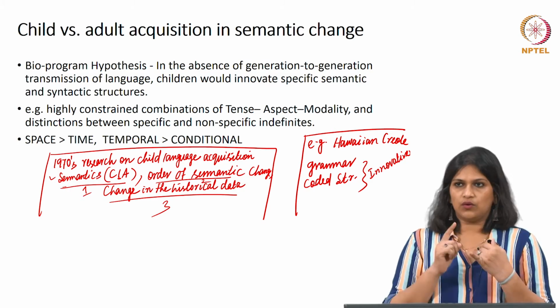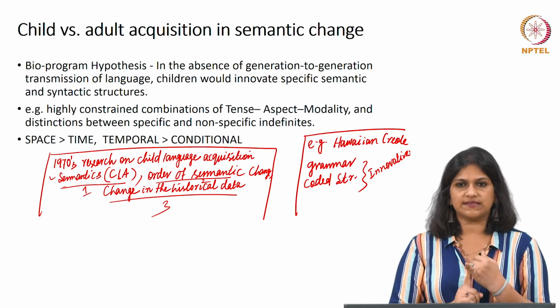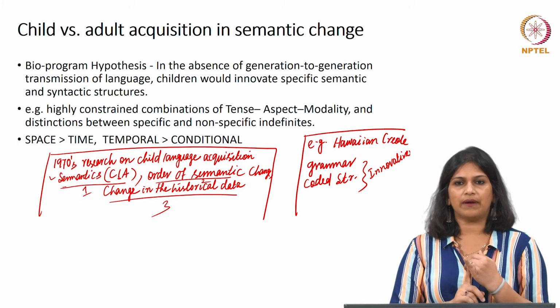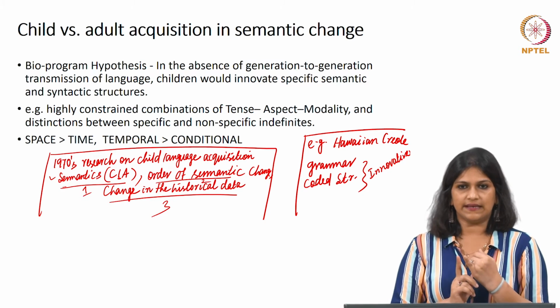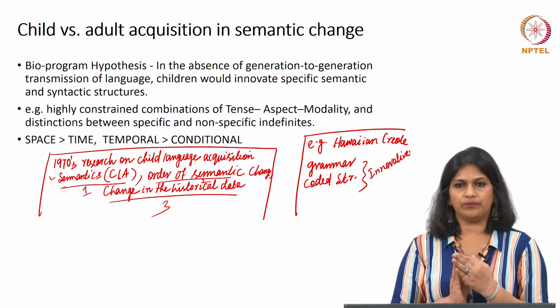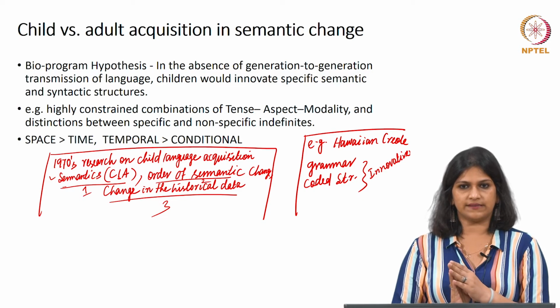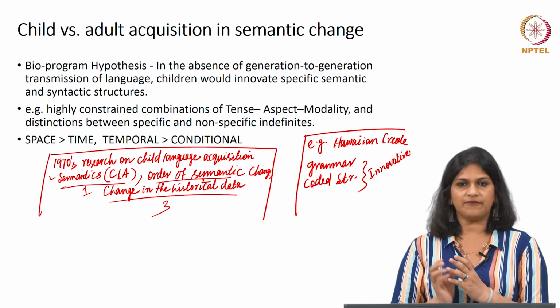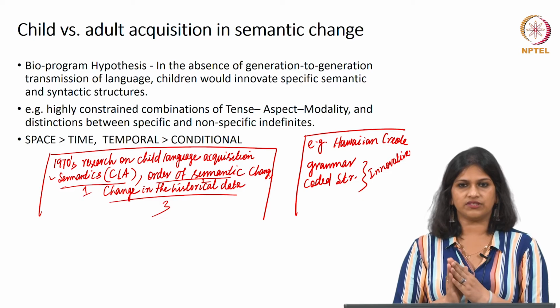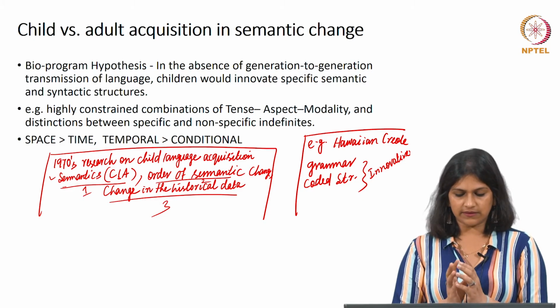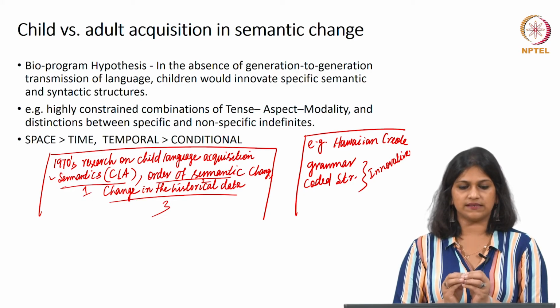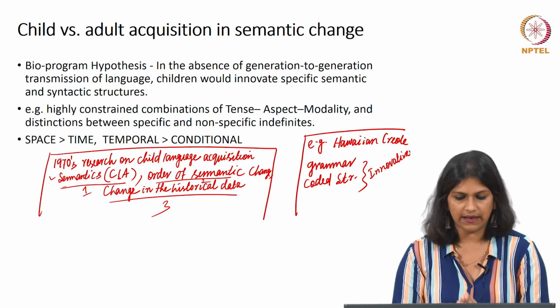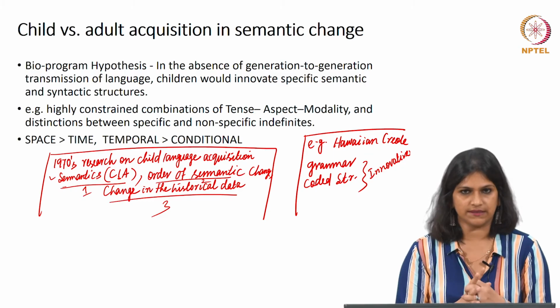So, one of the biggest criticisms that the bioprogram hypothesis faces is that it is giving a lot of importance to adults, because the adults are considered to be more innovative in the process of creolization. So, that means the effort of the children, or of child language acquisition, has been undermined. And that is the reason why a lot of linguists would criticize a concept like the bioprogram hypothesis, right.